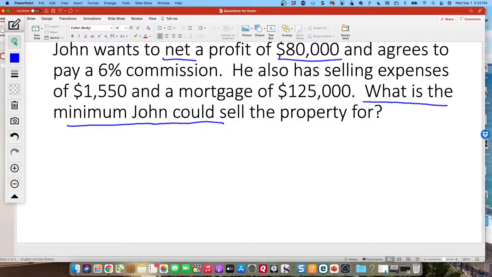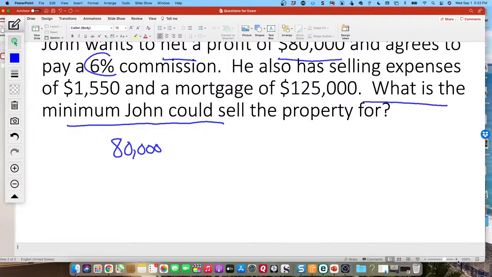He needs an $80,000 profit, right? So let's just put $80,000 here. John also agrees to pay a 6% commission. My apologies that the screen is going up a little bit, but we'll get that fixed here in just a second. We're going to leave that off to the side, but we need to look at the expenses.